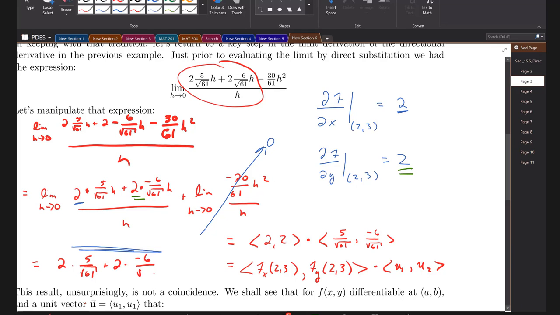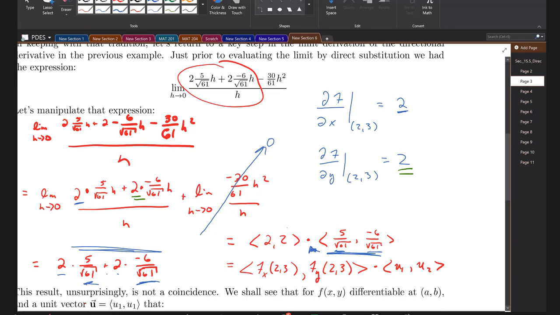And what I'm pointing out is that that's not a coincidence, that you will always have these 2 components of your unit vector, the direction you're stepping in. So we could think of it as a cross product, or excuse me, a dot product with your unit vector. You've got something times the first component plus something times the second component.